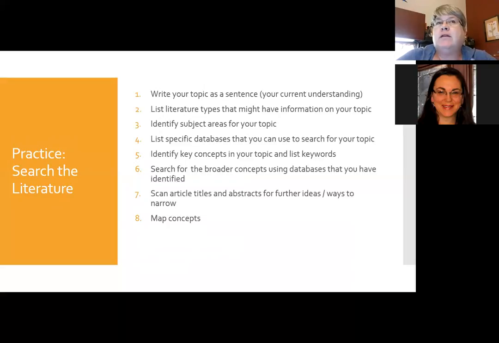It might be, like I said, going through the articles to come up with things that you didn't even think of how to call something, or looking at subject terms to see what somebody else is using. Begin by searching for the broader concepts in the databases, and then look to see how you can narrow that down. And like I said, scan articles and abstracts for different ways to narrow it and map out those concepts.